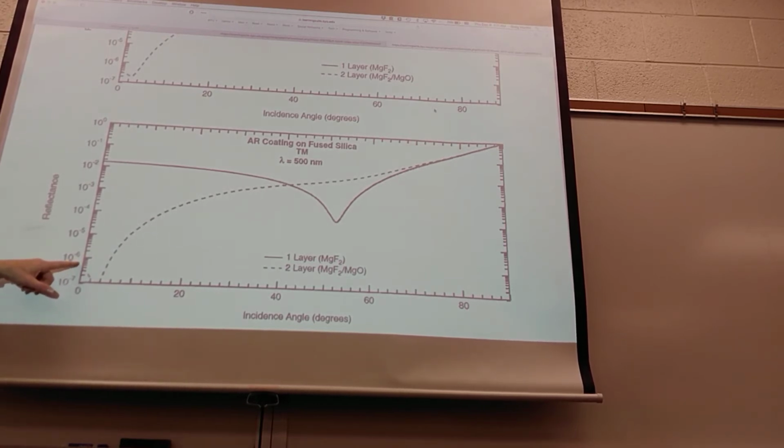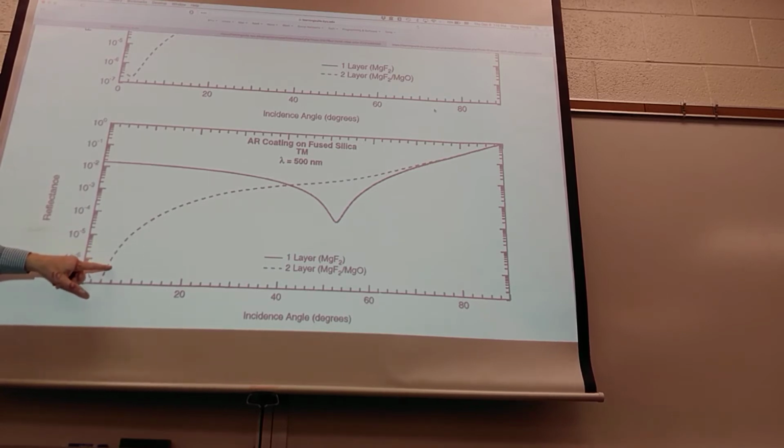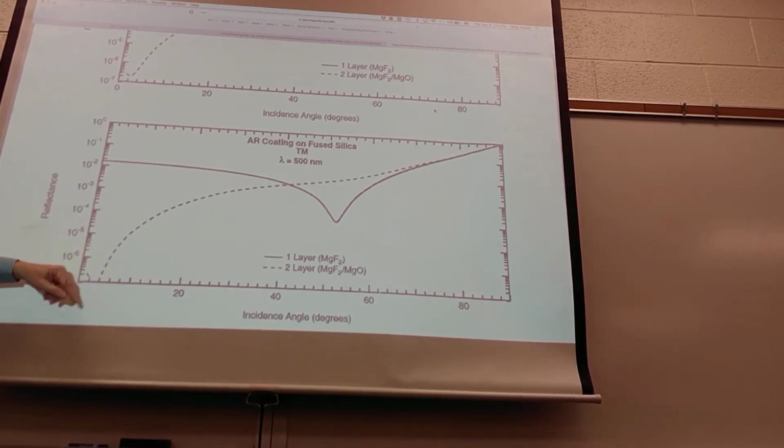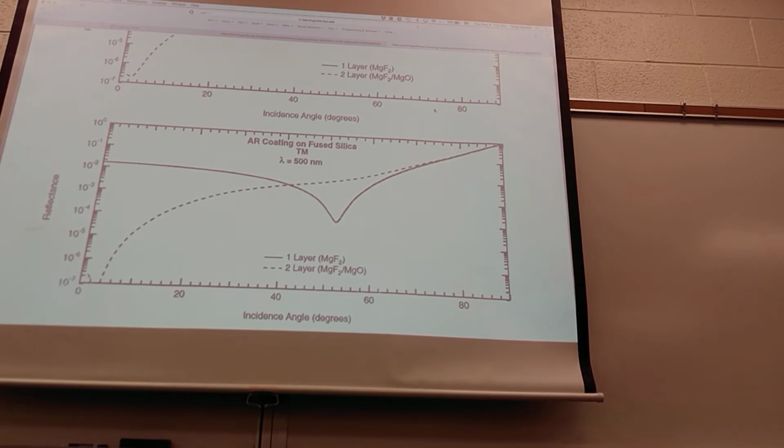It just comes back down to manufacturing variations in terms of what you actually get. And then you still do better for a two-layer case all the way out to about 40 degrees plus or minus. So two-layer is really, really good in comparison to one layer with a non-ideal material.